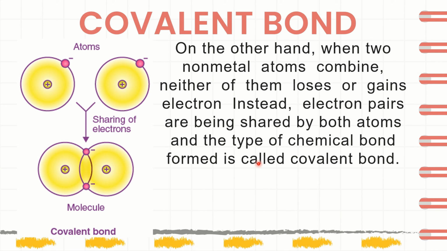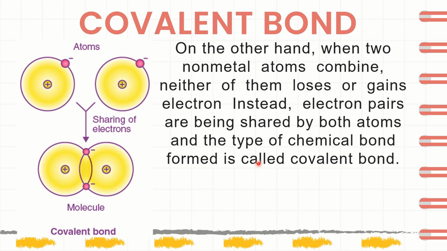Now, there is the other category or the types of molecular polarity, that is covalent bond. On the other hand, when two non-metal atoms combine, neither of them loses or gains electron. Instead, electron pairs are being shared by both atoms, and the type of chemical bond formed is covalent bond.